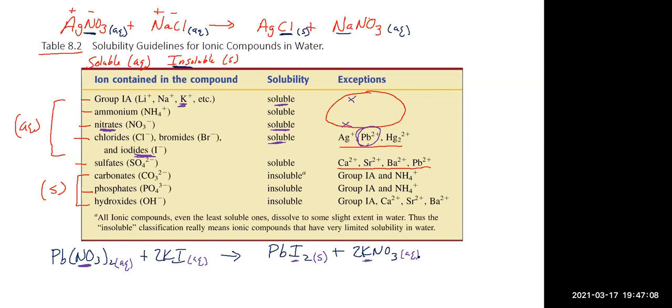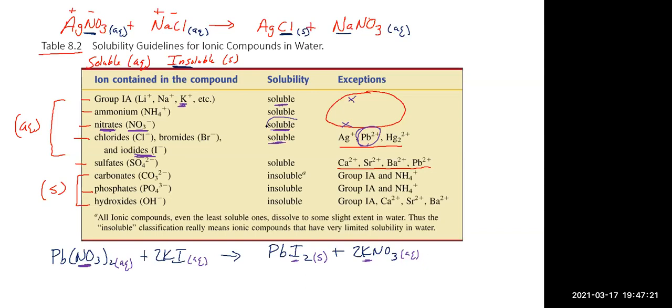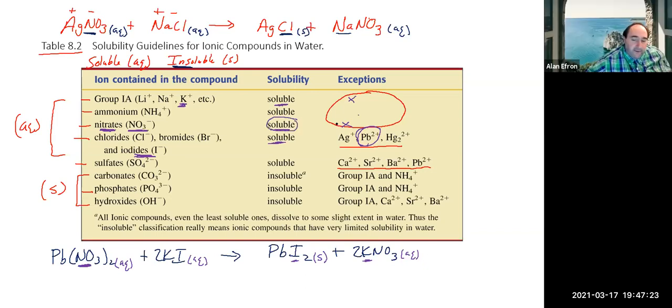Yeah. The lead in with the nitrate, how come that one is not a solid? It's not solid because it contains nitrate, and nitrate is 100% soluble. There's absolutely no exceptions, which means when you come across any of these guys here, as soon as you see any of those guys in the formula, you don't even have to think about it.